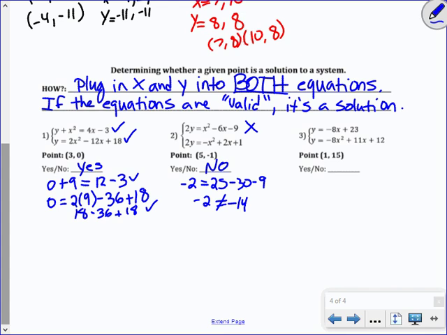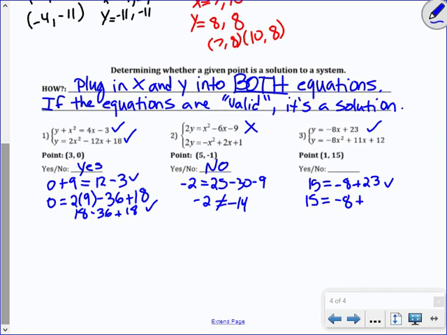Alright, last one. I have 15 for y, and then I have 1 for x. For the first one, negative 8 plus 23, the same thing as 15. Pretty sure that's right. Let me try again with the bottom one.